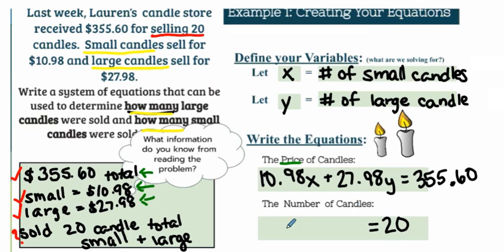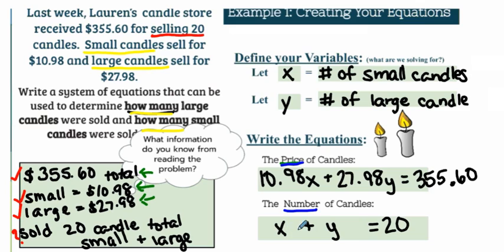So using our variables, we have all of our small candles, X, plus all of our large candles, Y, equals a total of 20 candles. So we have two equations here: an equation representing the price of the candles and an equation representing the number of candles.